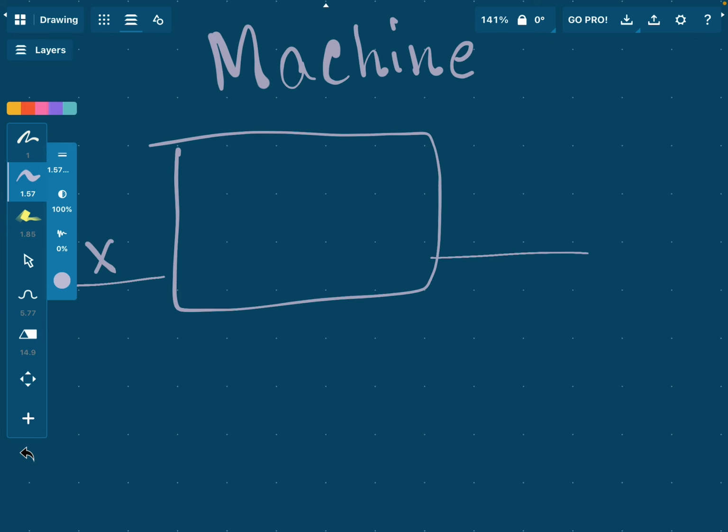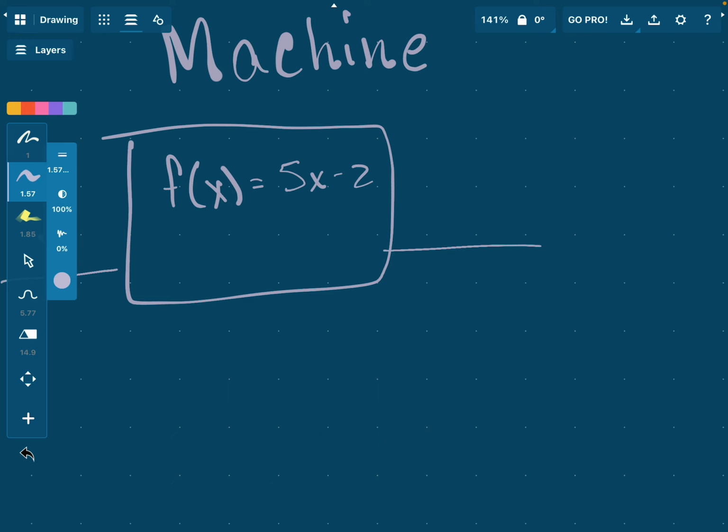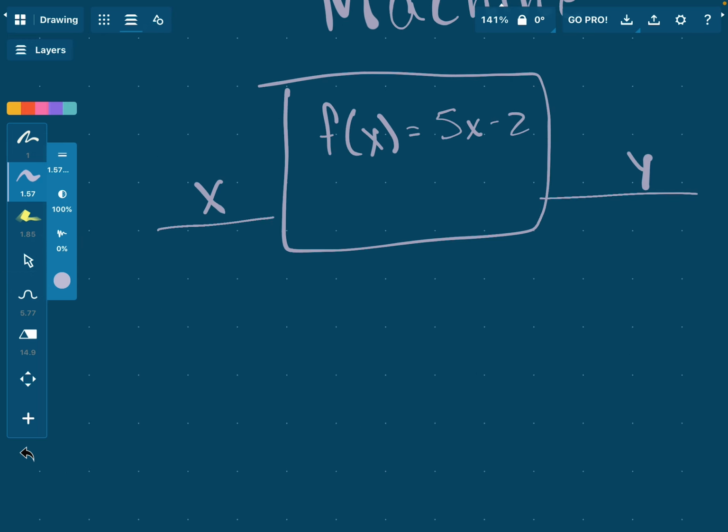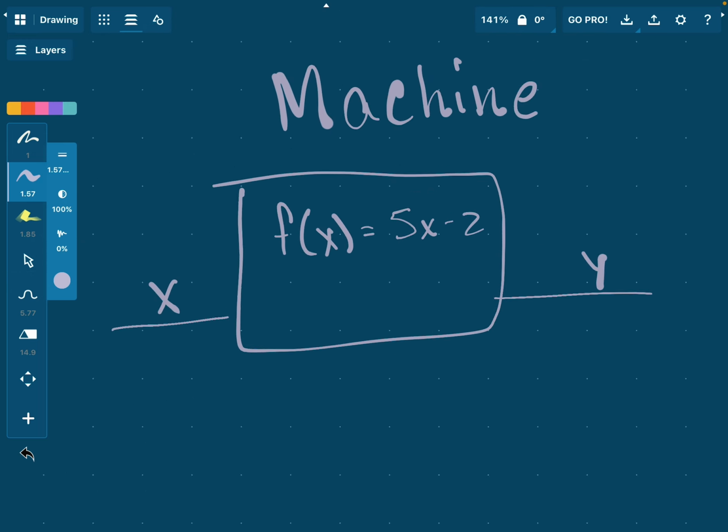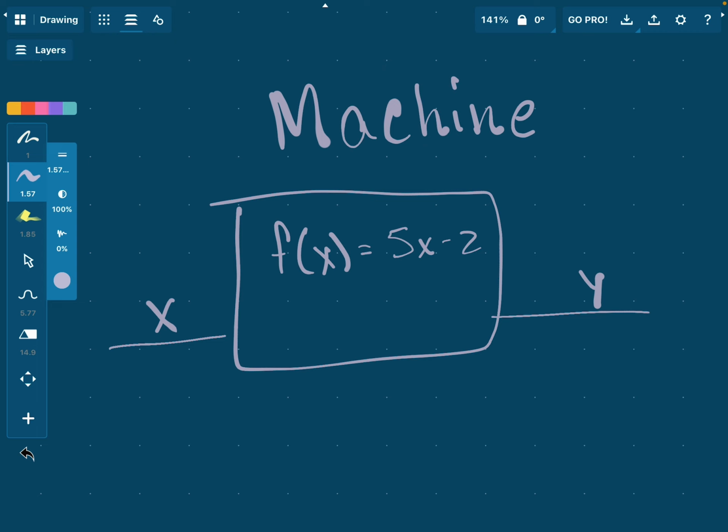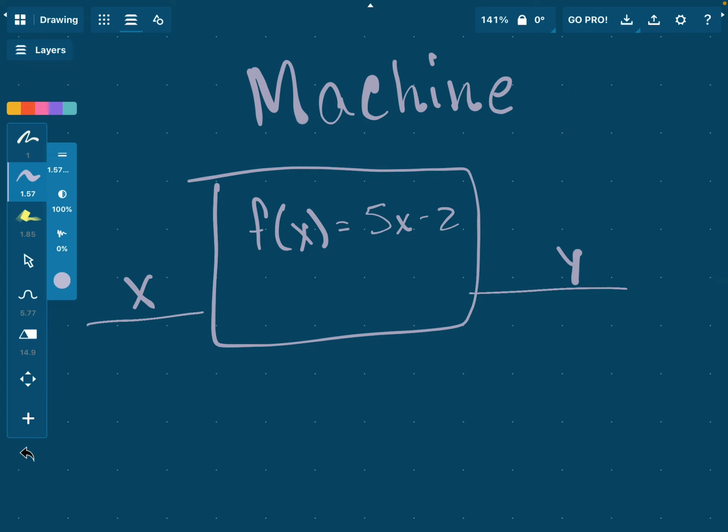It goes through some sort of function, f of x equals 5x minus 2, and then it comes out as y. So we can think of functions as machines. We input some sort of independent value, and we get some sort of dependent value. So input, output.